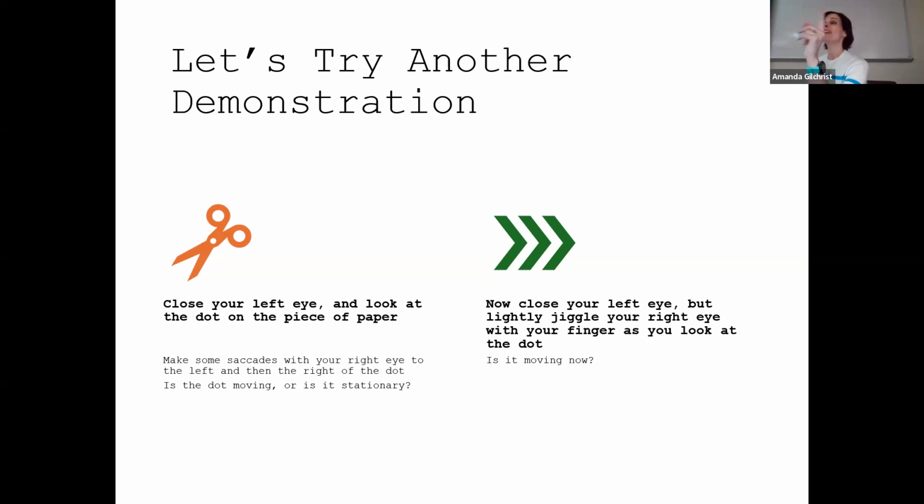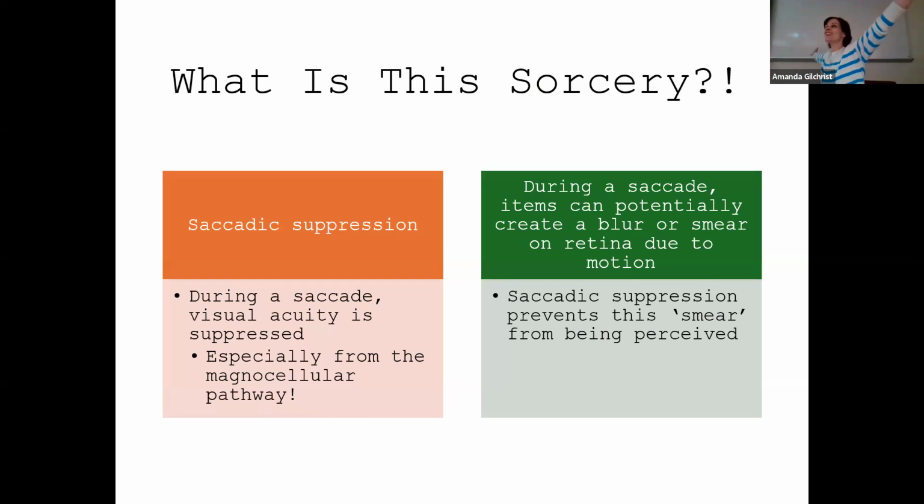Okay, so did the dot move? It should have a little bit. Okay, so what is this sorcery? When I made you physically move your eye, the dot moved, but when you voluntarily moved your eye back and forth, the dot didn't move, despite the fact that your eyes are actually moving. The dot should be moving too, but it doesn't.